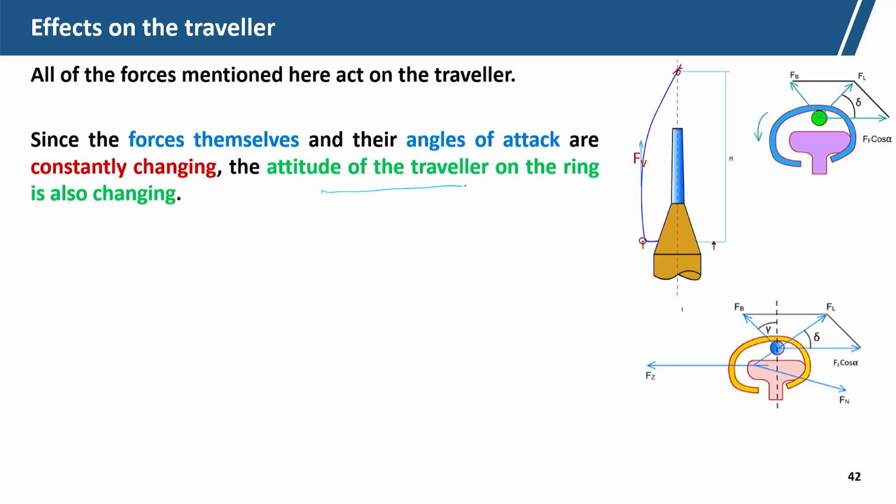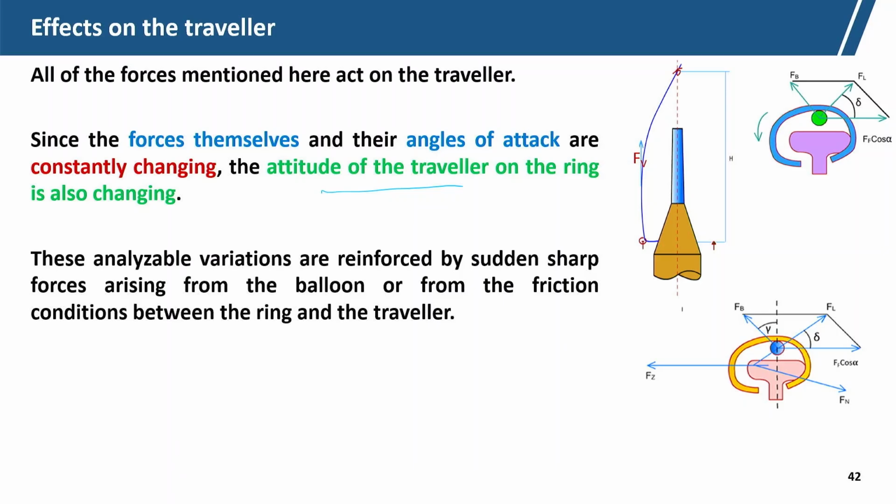The attitude of the traveller in the ring frame is also changing. So, this traveller will also change. These variations are reinforced by sudden sharp forces arising from the balloon or from the friction condition between the ring and traveller.